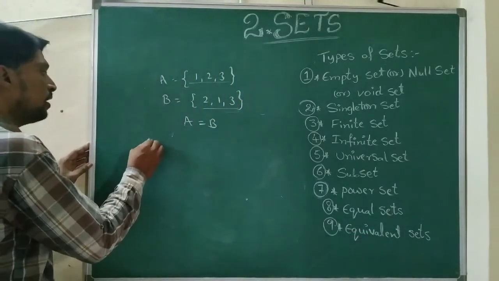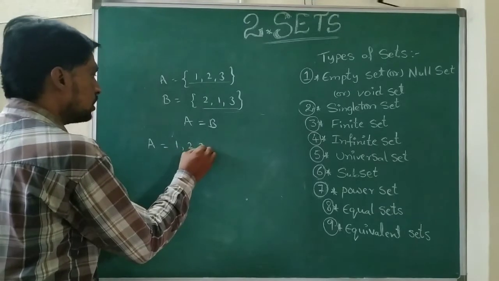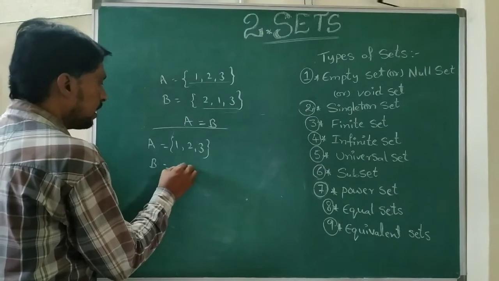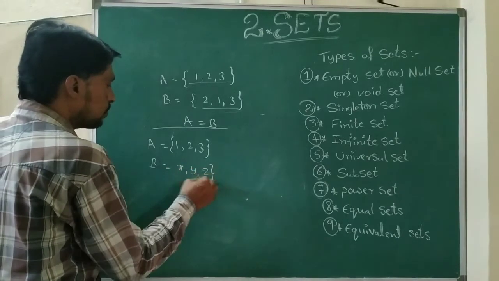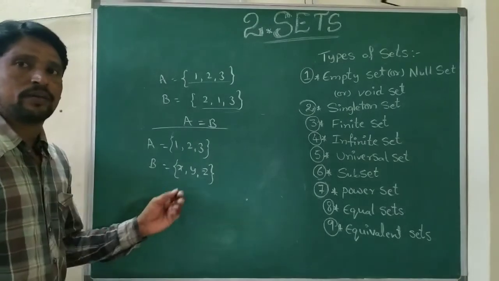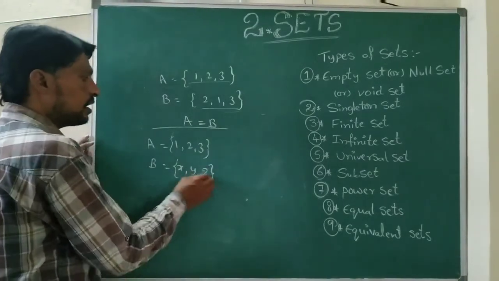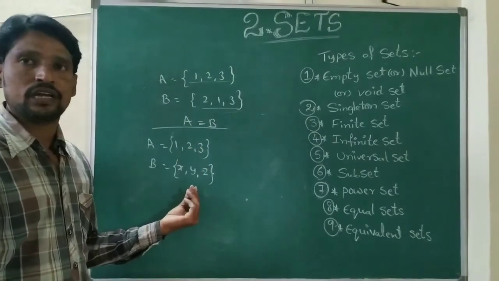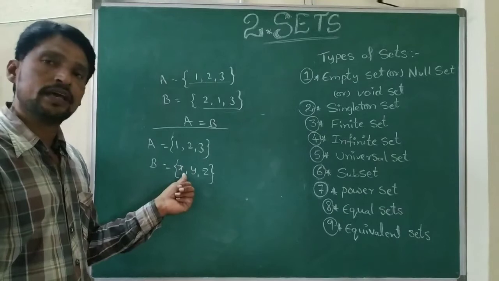For example, A equals 1, 2, 3 and B equals X, Y, Z. The number of elements here is 3 and here also 3.